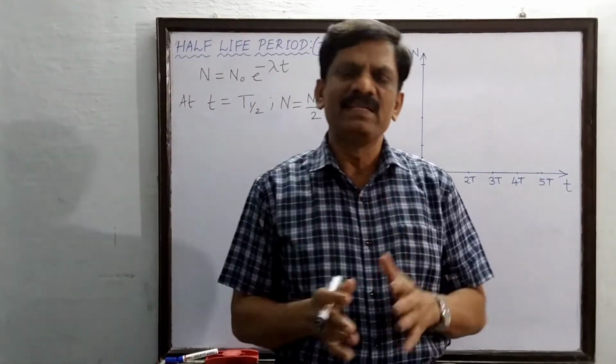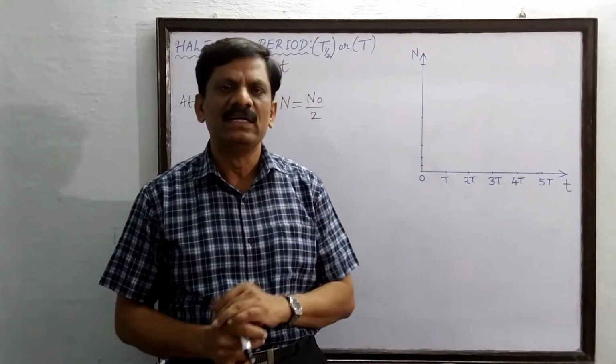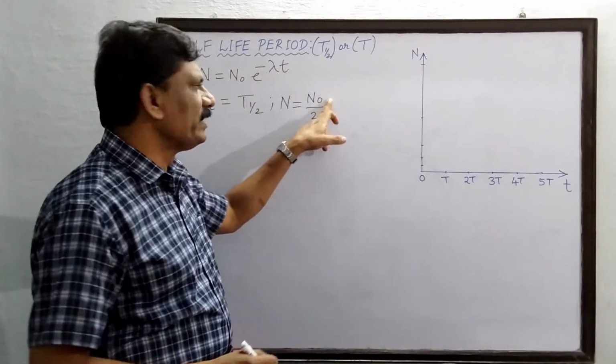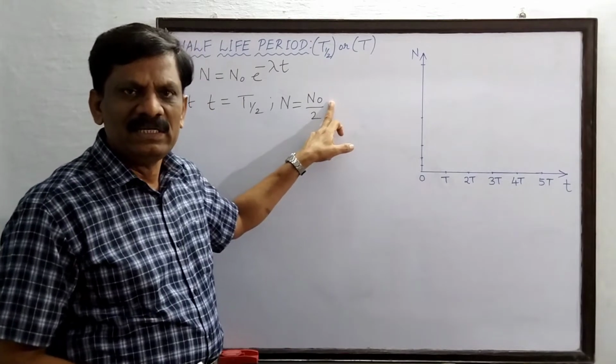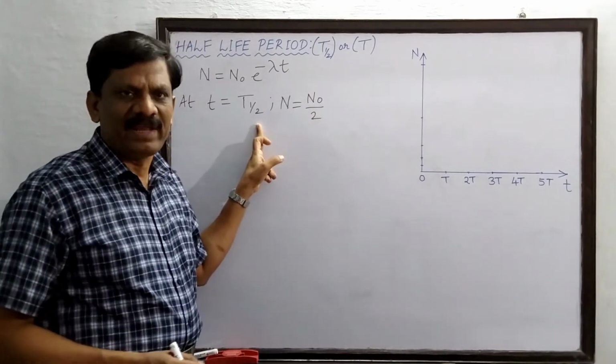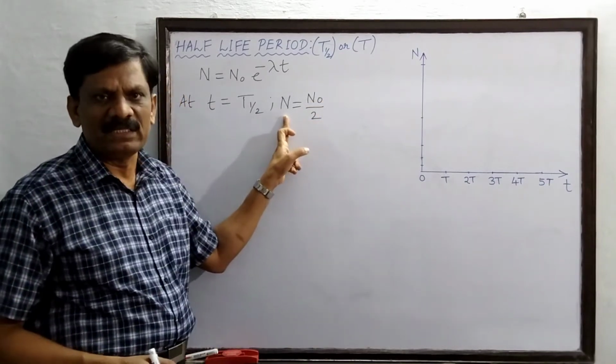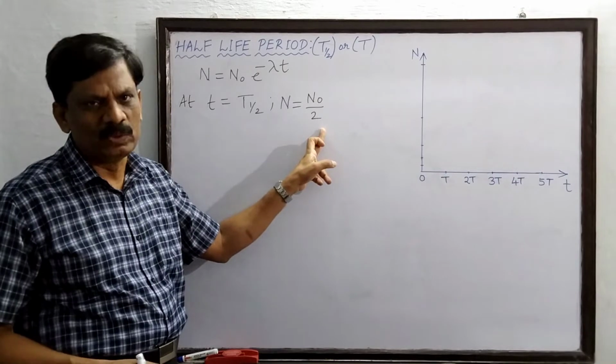So half-life period is the time during which 50% of the parent nucleus gets decayed. Therefore, if N0 is the initial number of atoms at the start, after a time t equal to 1 half-life, only N0 by 2 atoms will be remaining. Therefore, N is equal to N0 by 2.